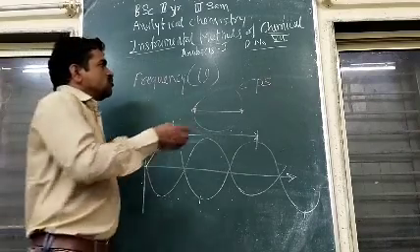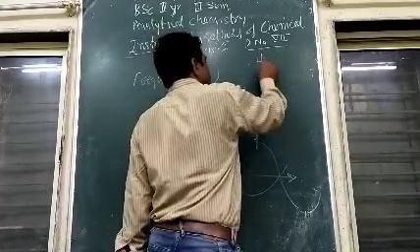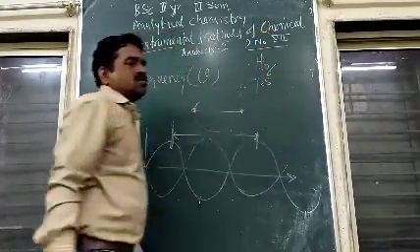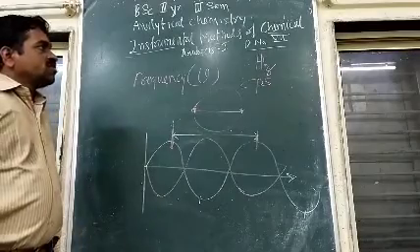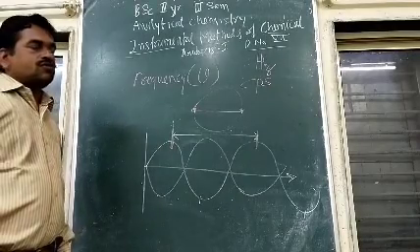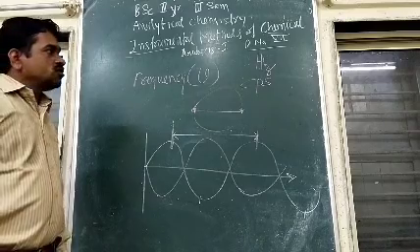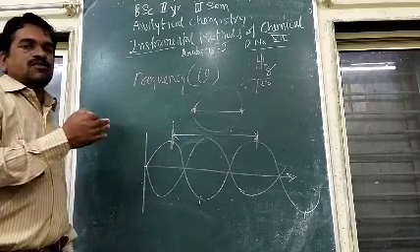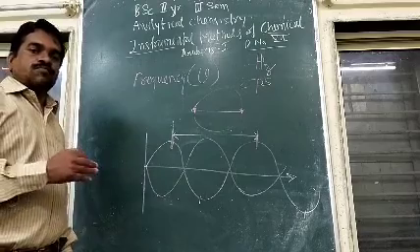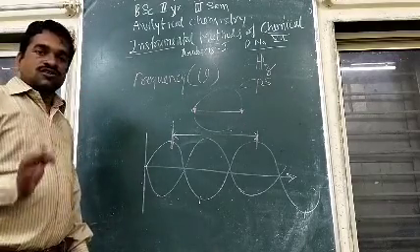The common unit is hertz. We use hertz as a unit of frequency. 1 hertz is equal to 1 cycle per second. 1 cycle per second is equal to 1 hertz.